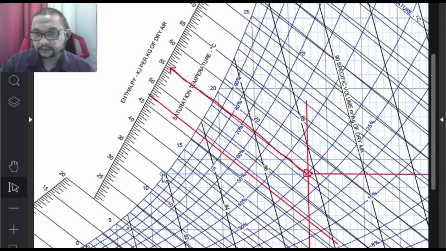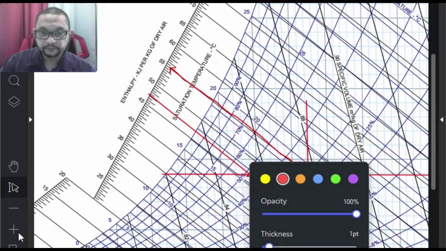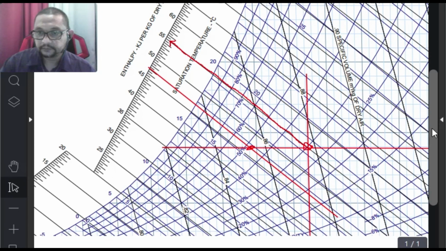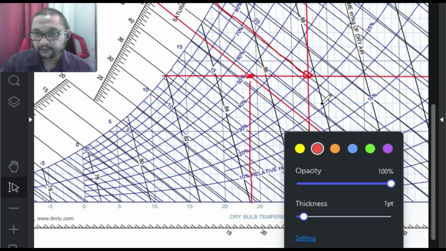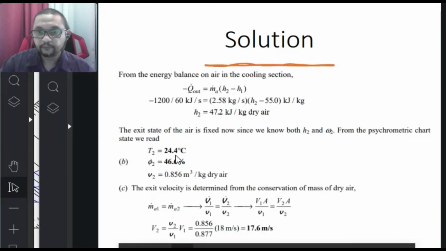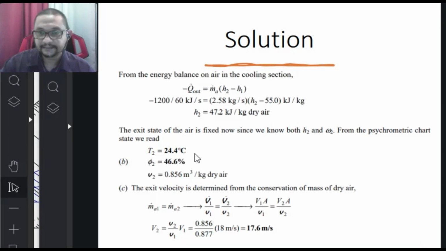The intersection between these two lines is here, and you can look at the temperature here. The temperature is around 24.4 degrees Celsius. That is T2.